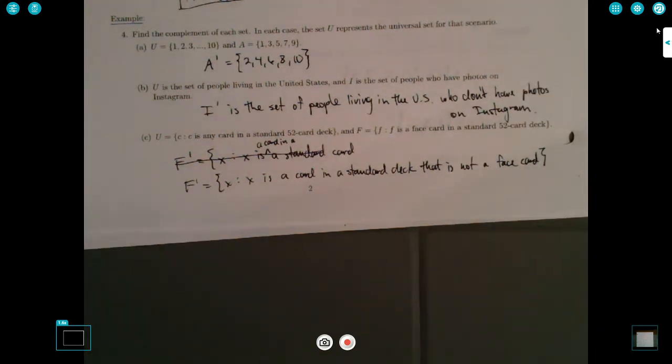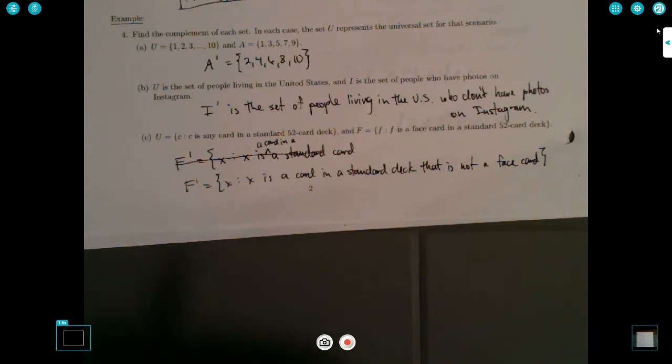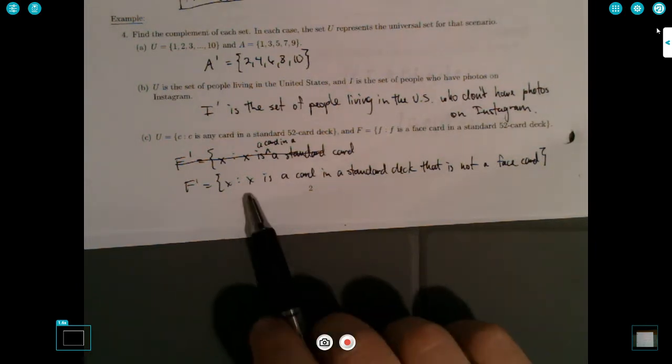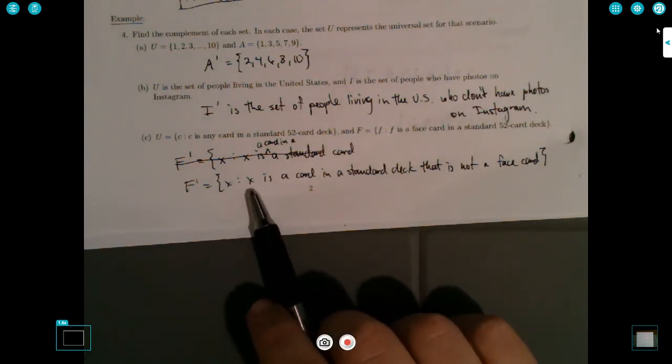Now, if you don't know what all that means, then just Google it. Do an image search for standard deck of cards, and it'll show you all of the different cards. Face cards are jacks, kings, and queens. So this would include ace, 1, 2, 3, 4, 5, 6, 7, 8, 9, and 10.